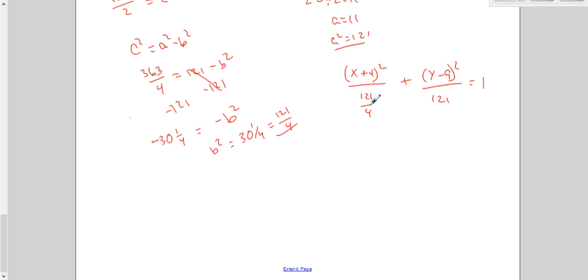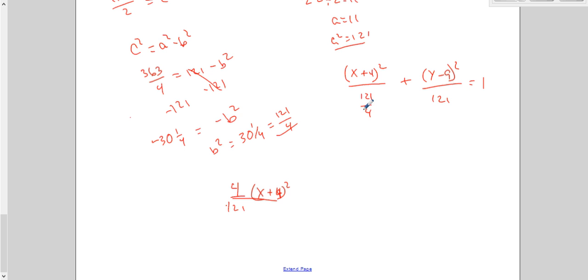Now, we don't want to leave that as a fraction down there. If you're dividing by a fraction, you can multiply by the reciprocal, which means you're taking the 121 fourths and you're going to flip that. So 121 over 4 flips to 4 over 121 times your x plus 4 squared. Okay, and when you do that, it's really just 4 times x plus 4 squared over 121.